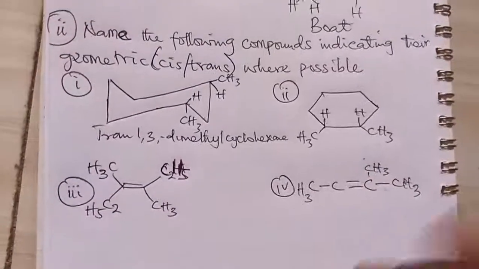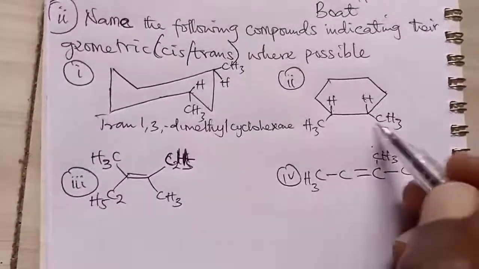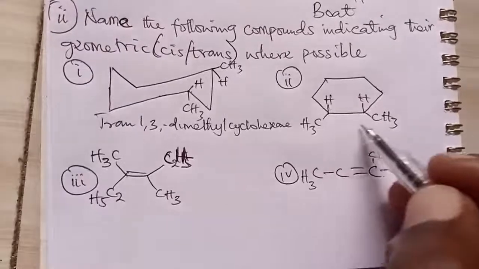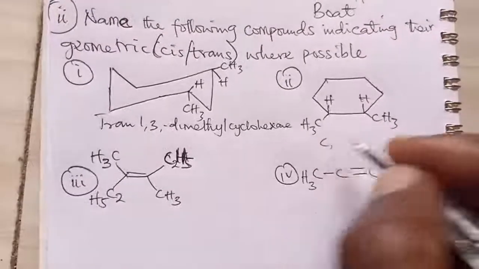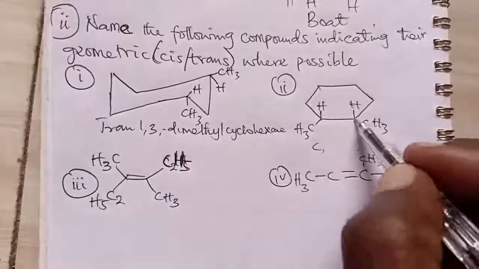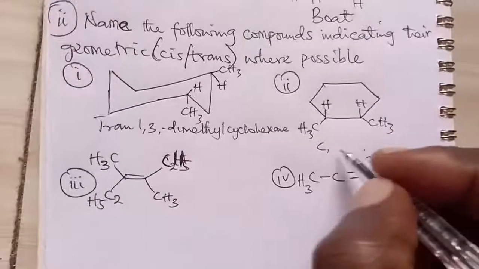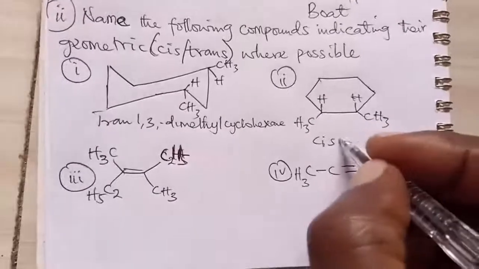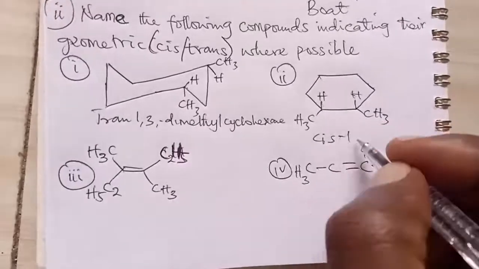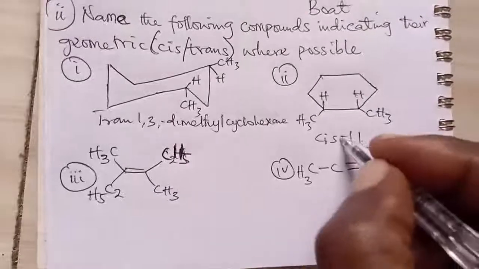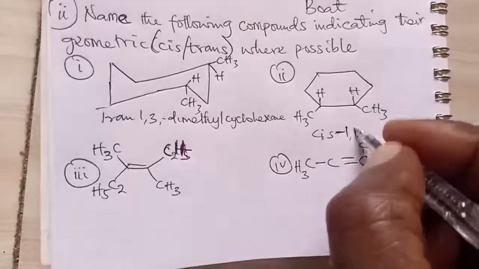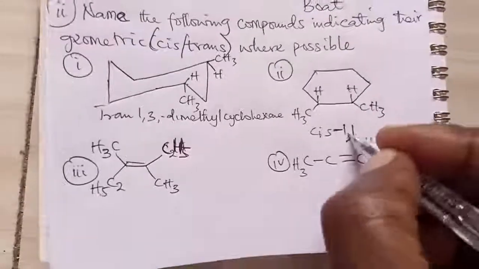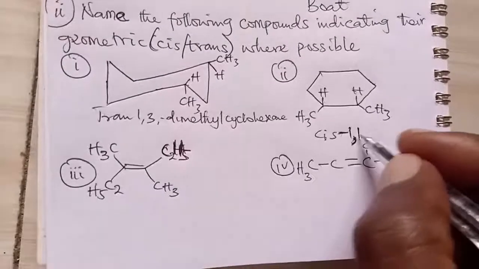Okay, for the second one, you can see both of them are on the same plane. So this is cis. So we call it cis. If we start from here, 1, 2, so we can say go this way, cis 1, 2. We use hyphen to join letters and numbers, but we use comma to separate number and number.